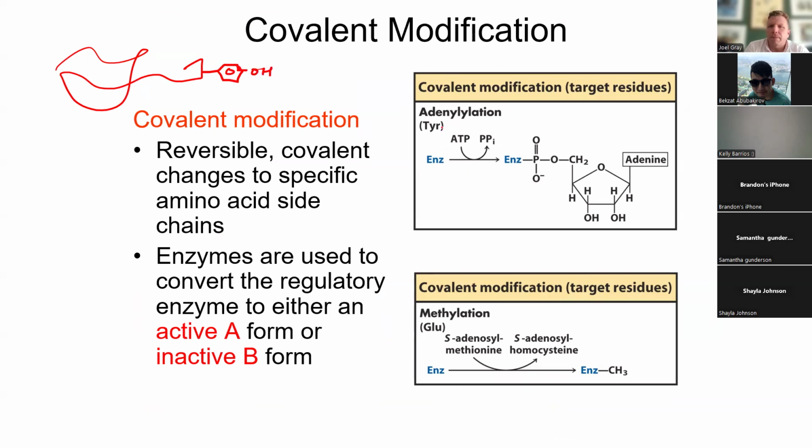There is a process known as adenylation where a molecule of ATP will be taken by an enzyme and AMP will take the place of this hydrogen. So this whole thing right here will be added right here where I just put my star. Now, this addition is reversible.